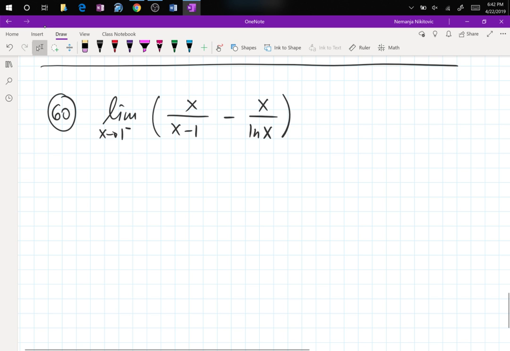Yes, because you have 1 over 0 minus 1 over 0. So that's infinity minus infinity. But then, what should we do? If I factor out x, then I don't have infinity, right?